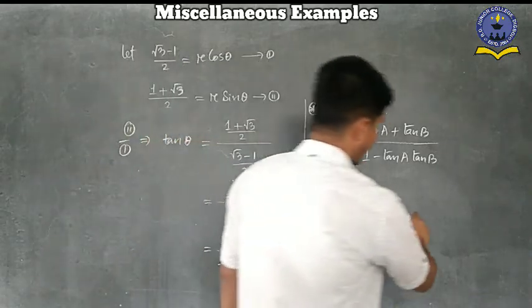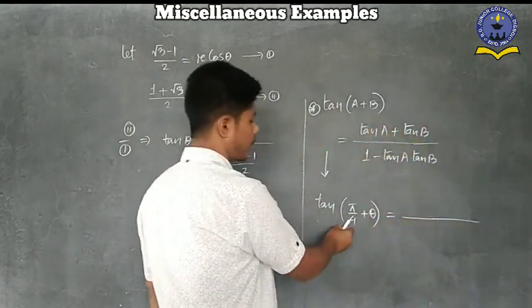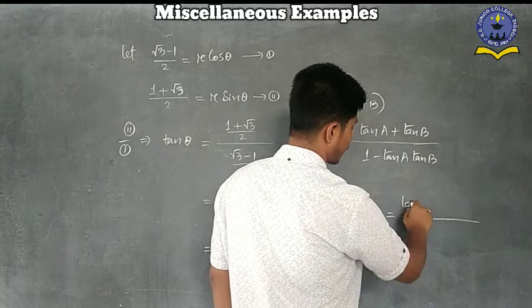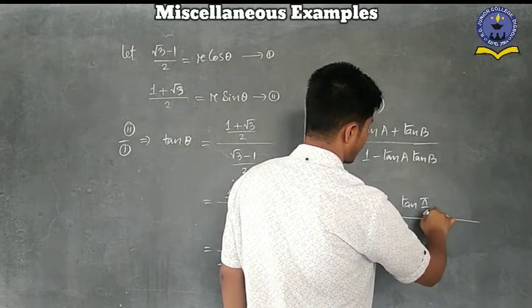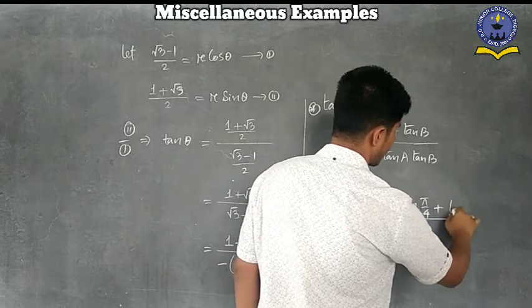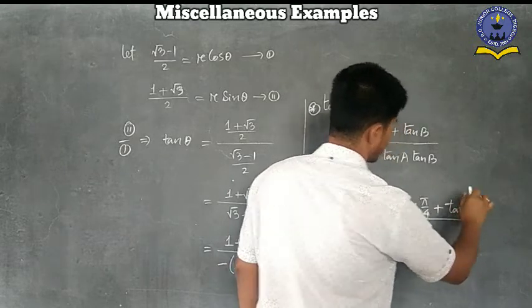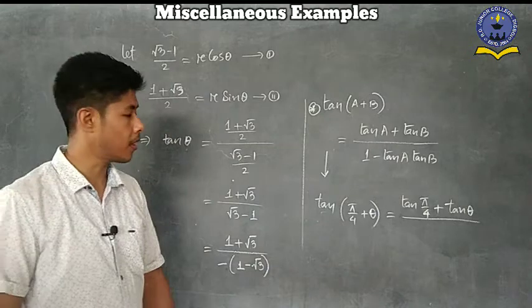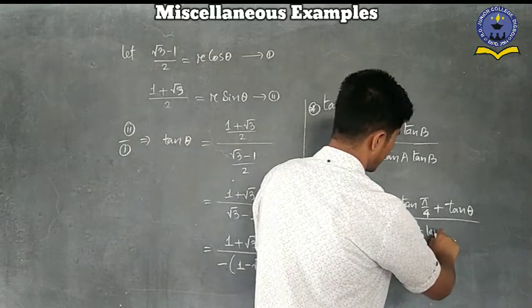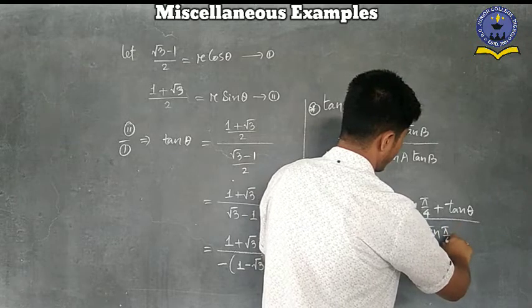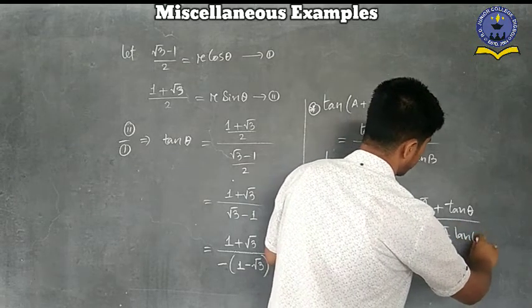What do we have to write? A means tan pi by 4, so we write tan pi by 4 plus tan theta, divided by 1 minus tan pi by 4 into tan theta.